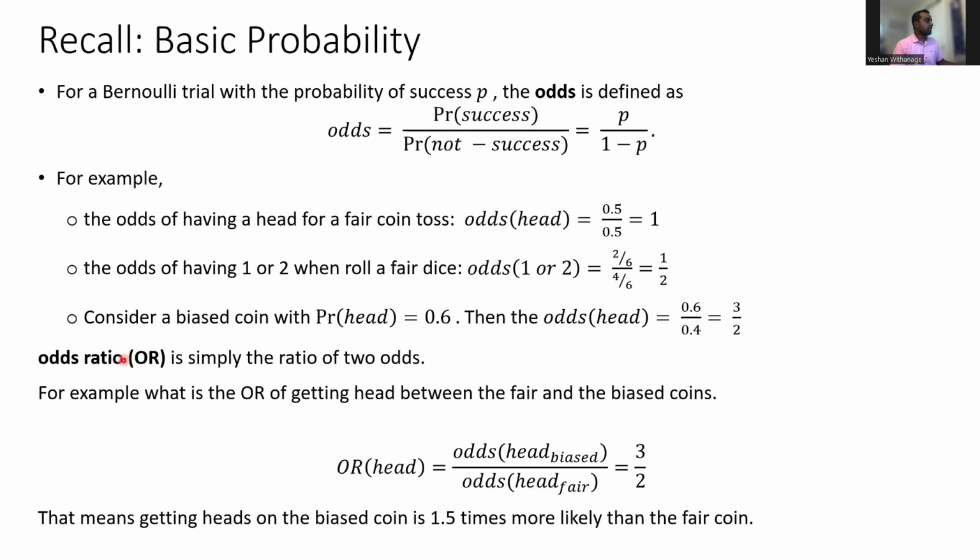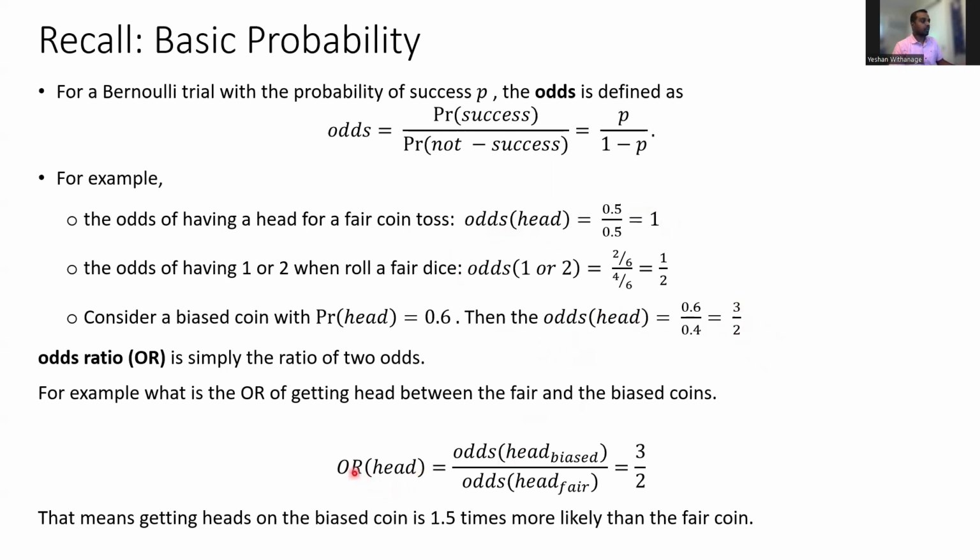So the next concept is the odds ratio. As the name suggests, odds ratio means the ratio of two odds. For example, what is the odds ratio of getting a head between the fair coin and the biased coin? We know the odds of having a head for the fair coin is 1. Odds of having a head for the biased coin is 3 over 2.